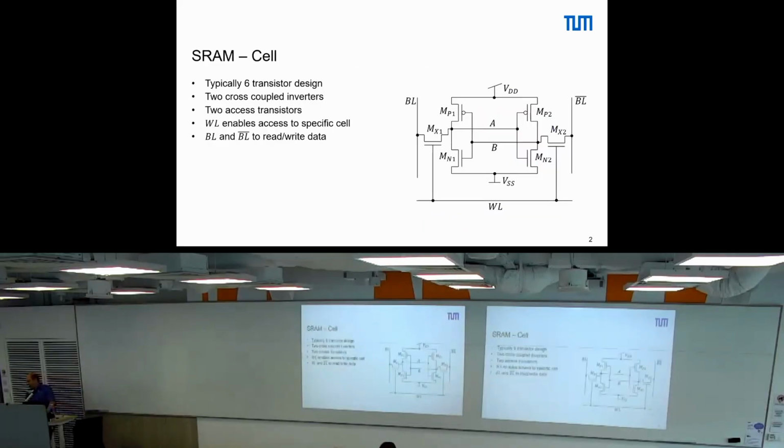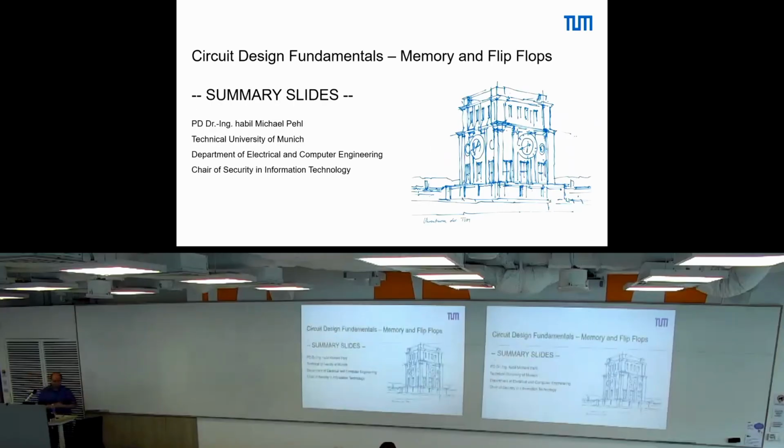Okay. Let's start the other way around. Which kinds of memories or memory elements in a circuit are you actually aware of? Anyone an idea? What kind of memory elements did you hear of until now? RAM? ROM?